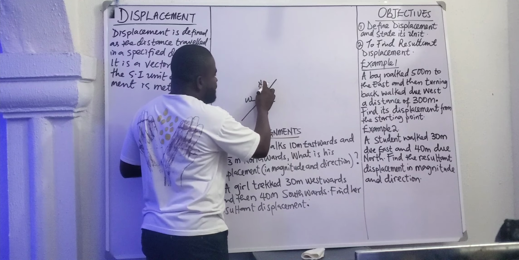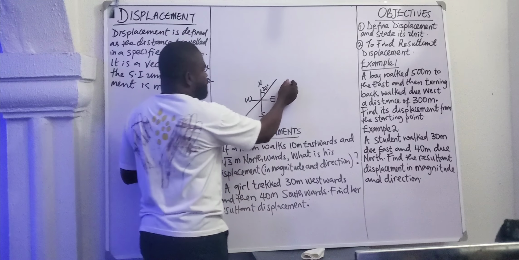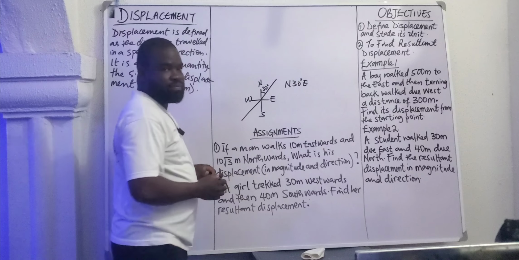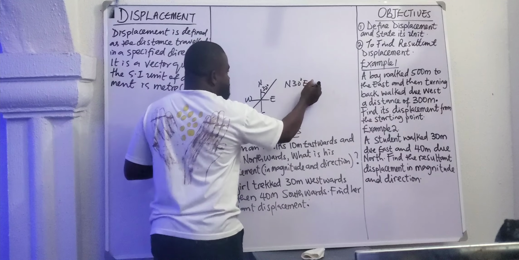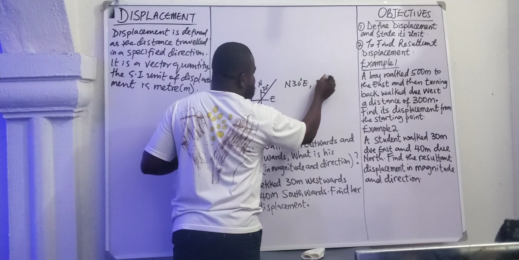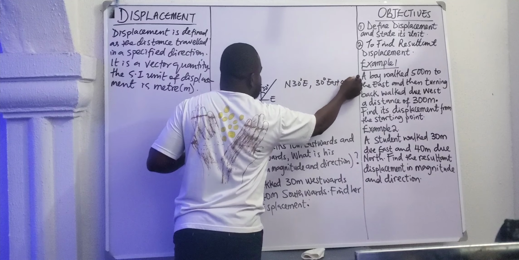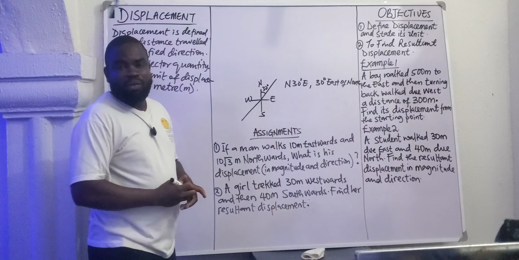If I want to quote the angle here, it will be the angle with the north pole. If, for example, this is 30 degrees, I will call it north 30 degrees east. Another way to say it, we can say 30 degrees east of north. That's another way of telling direction.